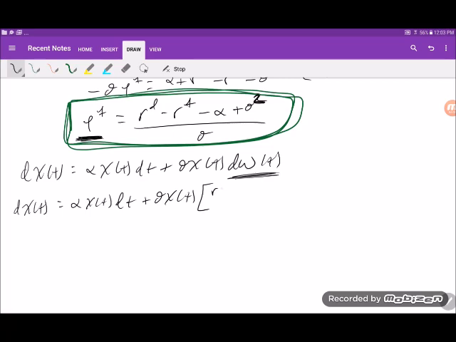So rd minus rf minus alpha plus sigma squared, yes, over sigma. Okay. And then dt plus, and then you have your, but now qf.